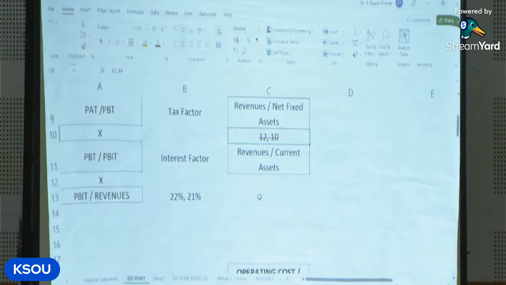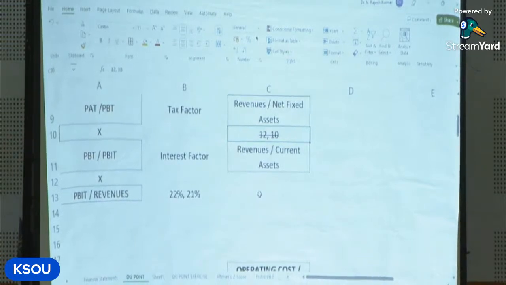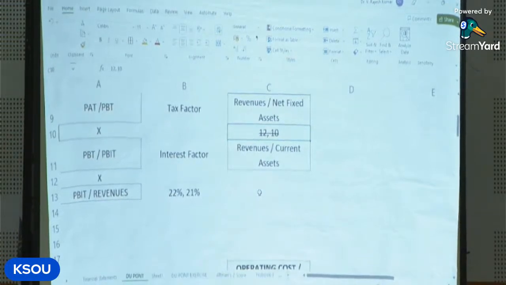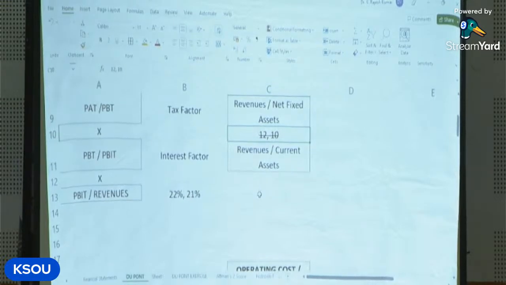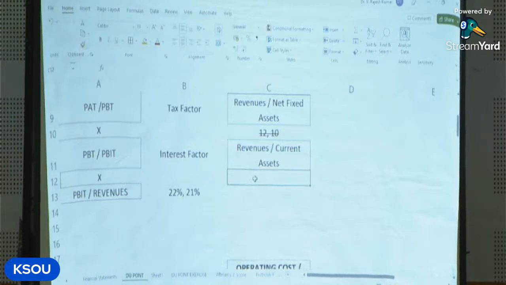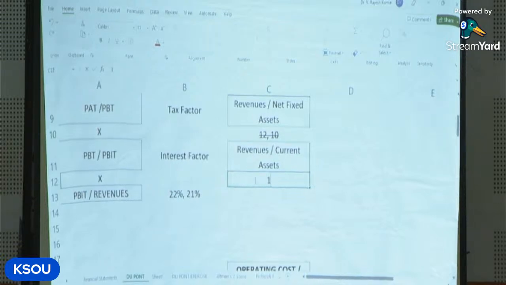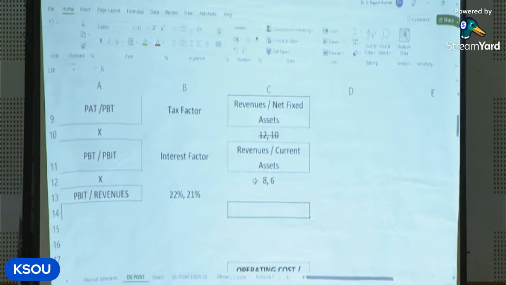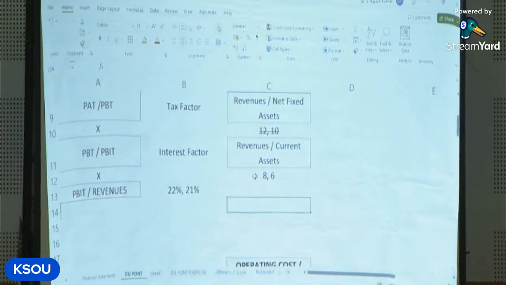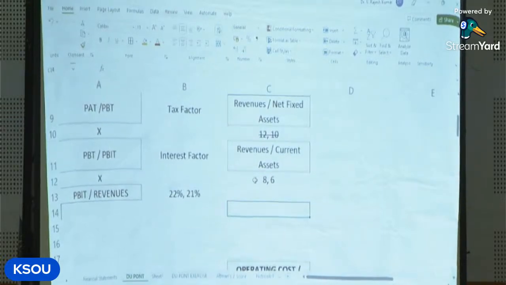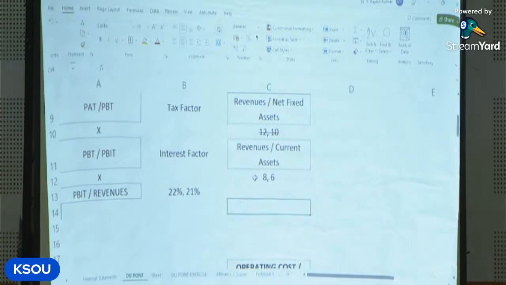But what is very, very important is the next one. Many companies have failed and gone bankrupt just because of this item. So I take revenues and current assets, again excluding investments included in it. Let's say last year I got 8, this year 6. How to read it, we know. Last year, every 1 rupee of current asset generated a revenue of 8 rupees. This year, 6 rupees.